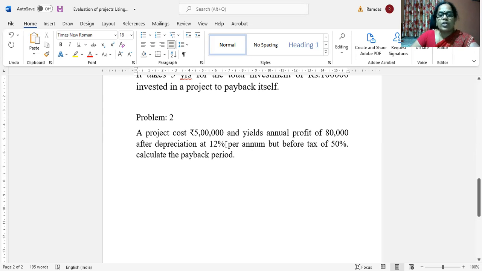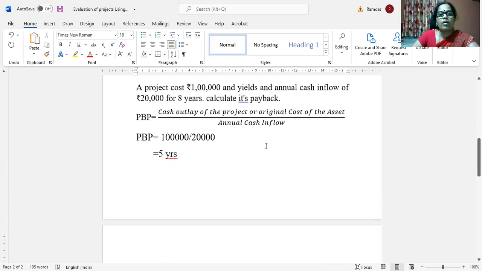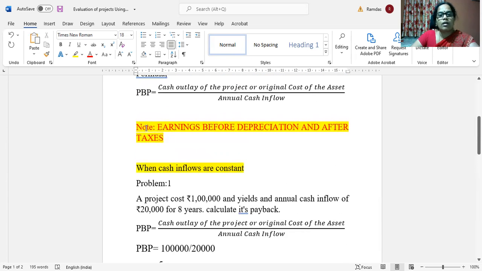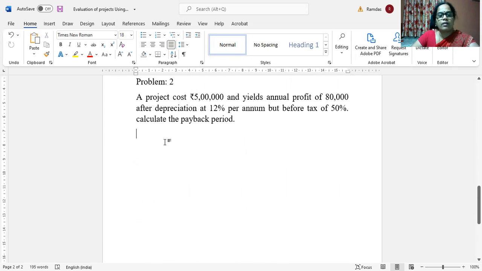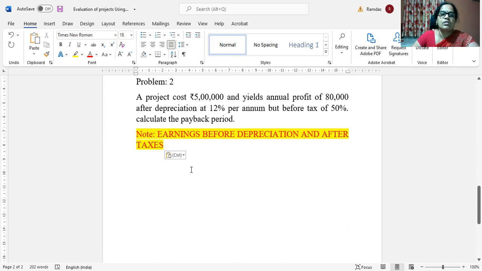In this problem, we understand that the original cost is given and the annual profits are given. But the annual profits are given after depreciation but before tax. Remember, we require earnings before depreciation and after tax. So we have to adjust the annual profits.